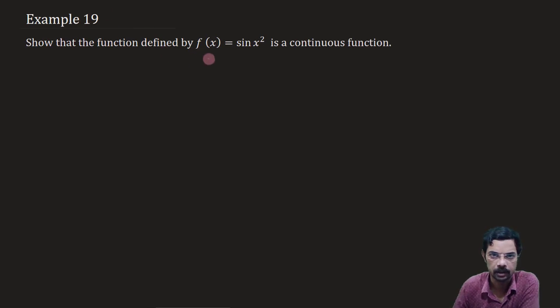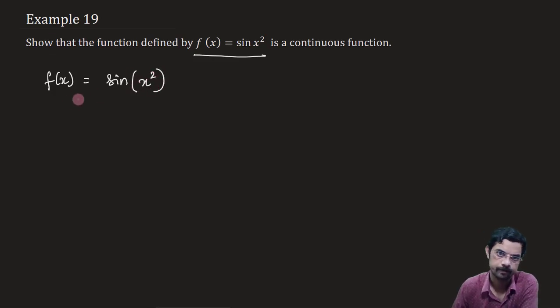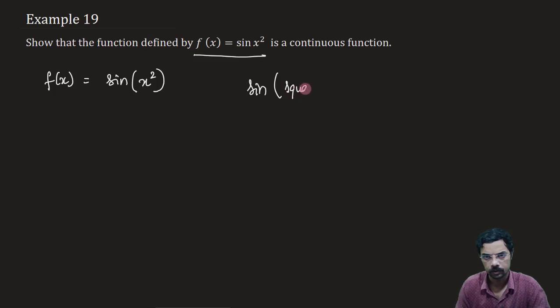Here we have f of x equal to sine of x square. It is something like sine of the square of x, so it is a function of a function, a composition of functions. Now the square function is a polynomial function, correct?